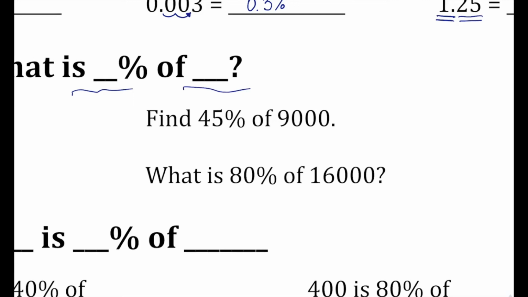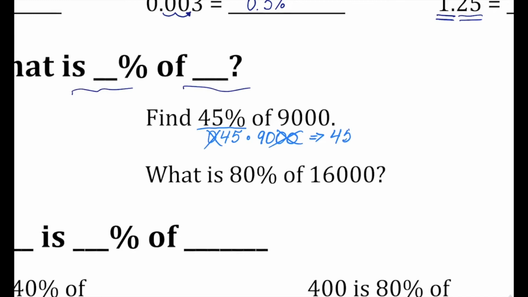The next couple, find 45% of 9,000. So 45%, again, turn this into a decimal, 0.45 times 9,000. I'm going to chip off my decimal point using the 2 zeros, and that will lead me to 45 times 90. Now 45 times 9, let's look at 40 times 9, that's 360.